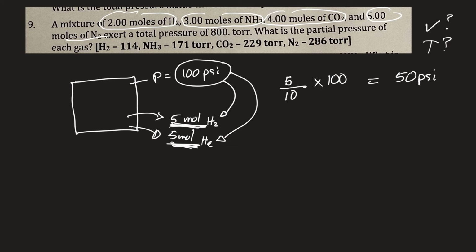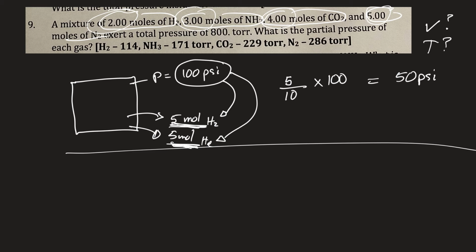So in this question, rather than having 2 gases, now they've got 4 gases, but the same thing applies. So how many moles total of gas would there be? With 2, 3, 4, and 5? 6, 9, 14. So there's 14 moles altogether.